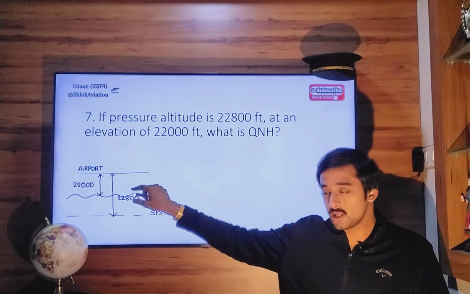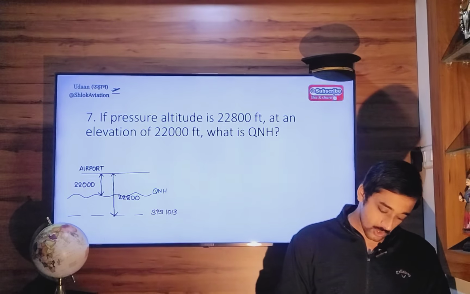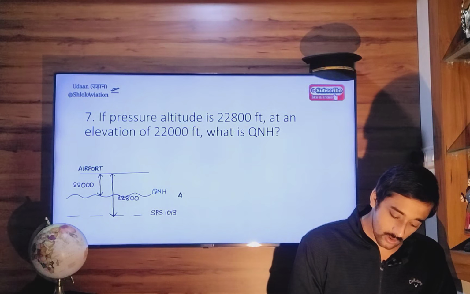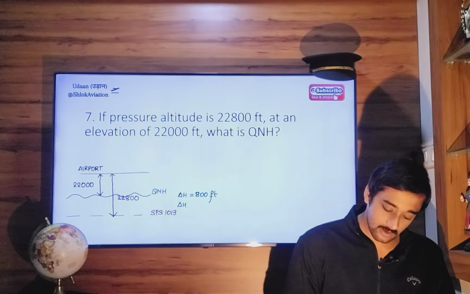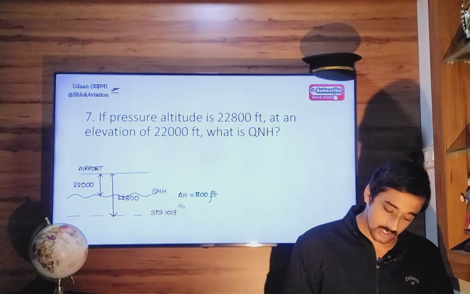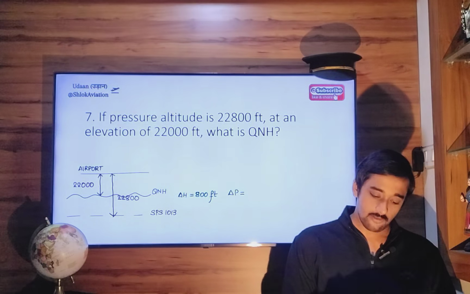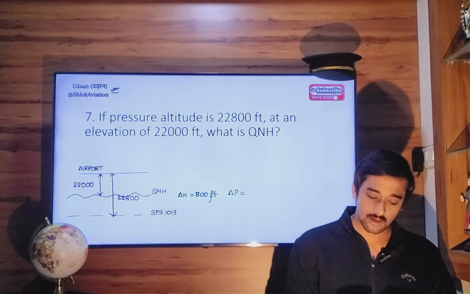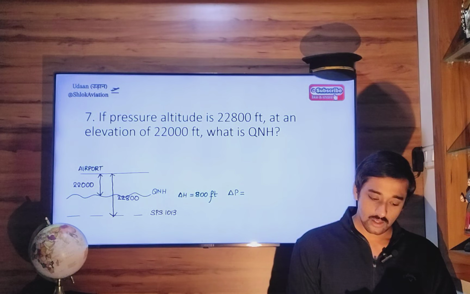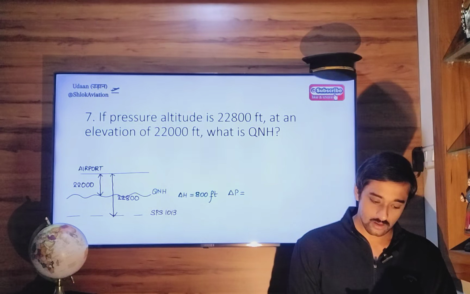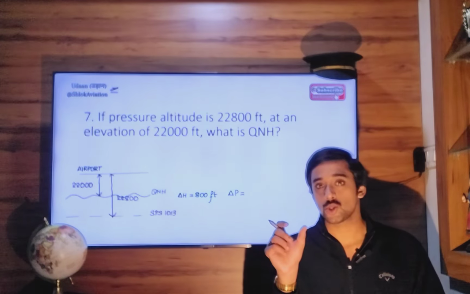This is 22,000. So the difference between them is 22,800 minus 22,000, that is equal to a height difference of 800 feet. A height difference of 800 feet will be equal to a pressure difference of 800 divided by 30, let's say approximately 30, it's 26.6, and 800 divided by 27 is 29.6. So 800 divided by 27, because 1 millibar of pressure difference equals 27 feet.